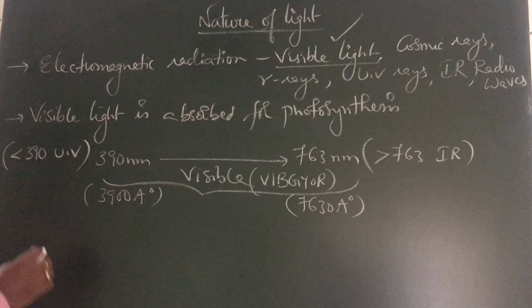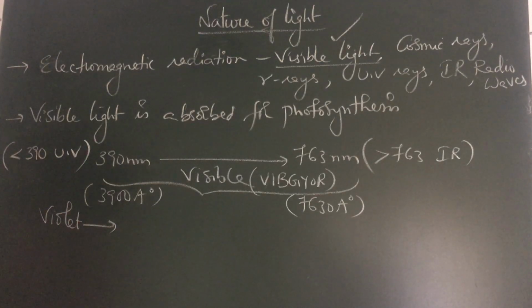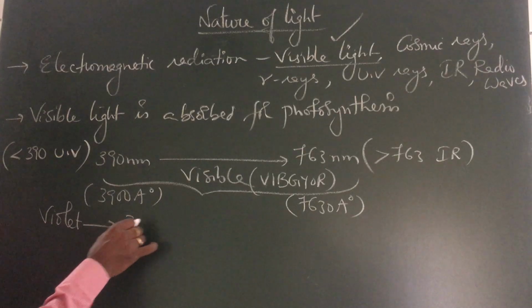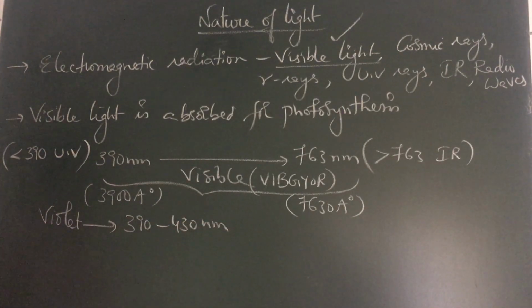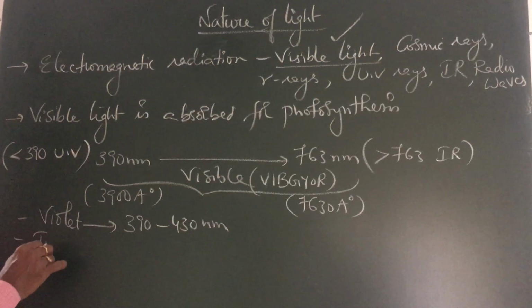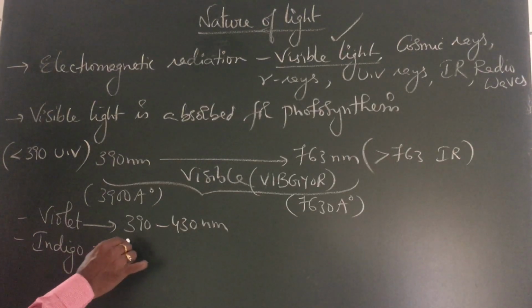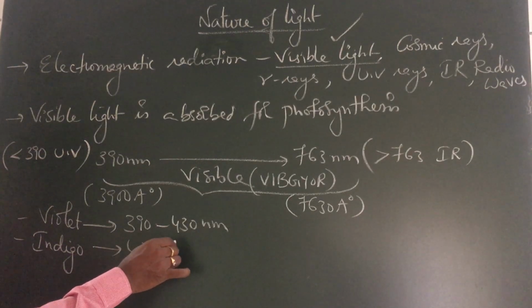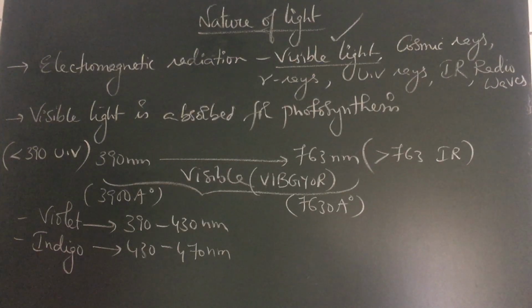If you take violet, this is from 390 to 430 nanometers. Next, indigo, 430 to 470 nanometers.